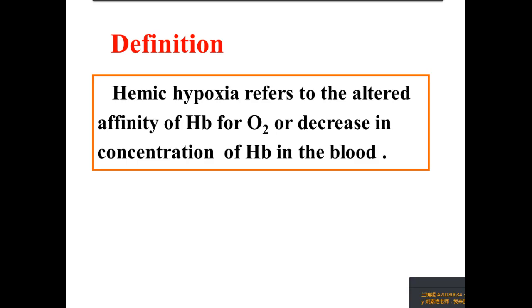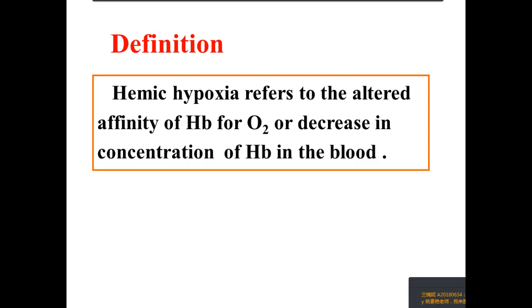So during hemic hypoxia, maybe the concentration of hemoglobin decreases, for example anemia. Maybe the affinity of hemoglobin for oxygen is altered, for example carbon monoxide poisoning. Hemoglobin combined with oxygen decreases.